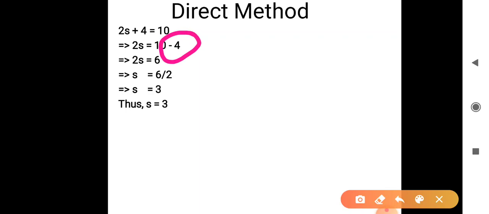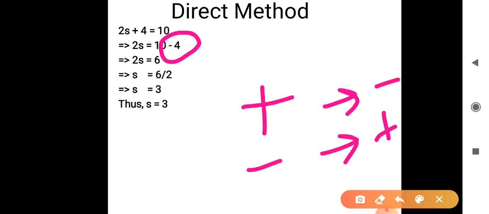As you can see, we have got -4. So if you are taking any number to its opposite side, its sign will get changed into its opposite sign. So if it was plus originally, it will become minus, minus will become plus, multiplication will become divide, while divide will become multiplication. So that's what we have to follow.